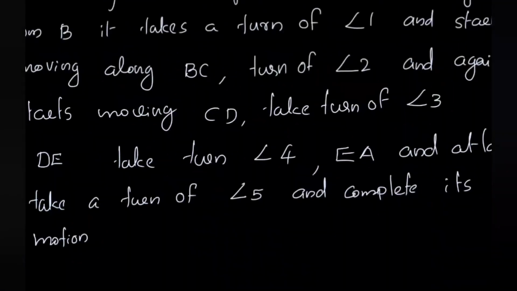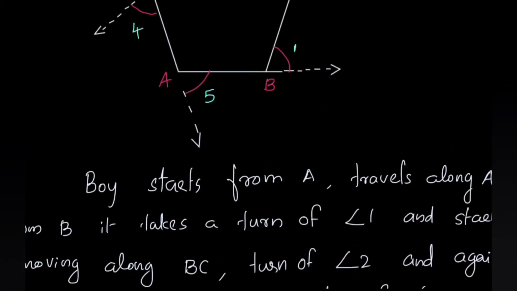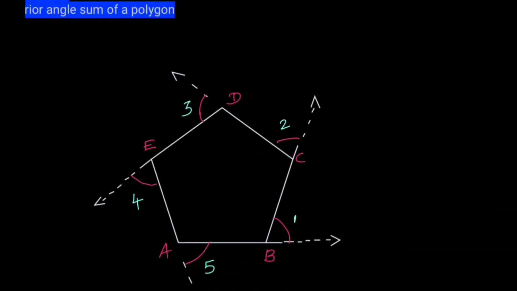From this, the turns he takes, that is the angles 1, 2, 3, 4 and 5, are the exterior angles.